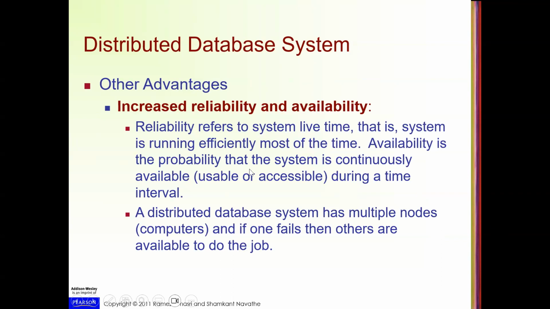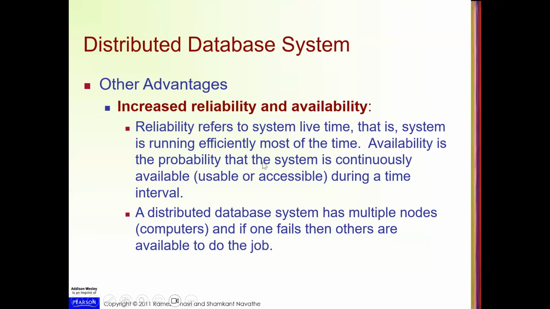The other advantages include increased reliability and availability. What do we mean by reliability? It refers to the system uptime, lifetime, working time. That is, the system is running efficiently most of the time.